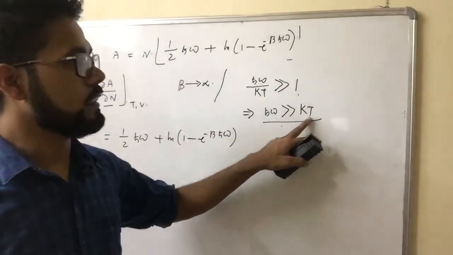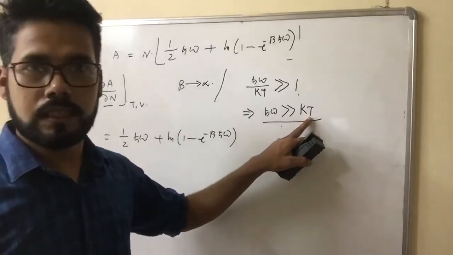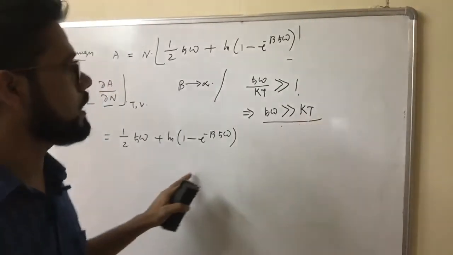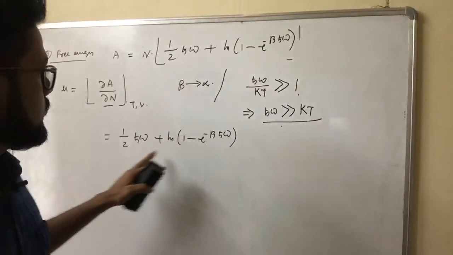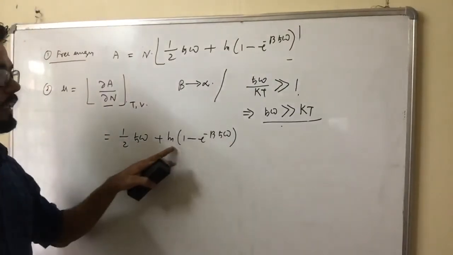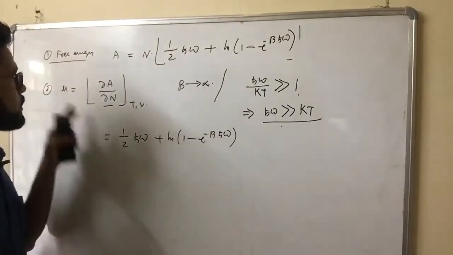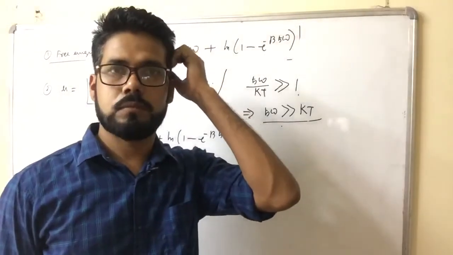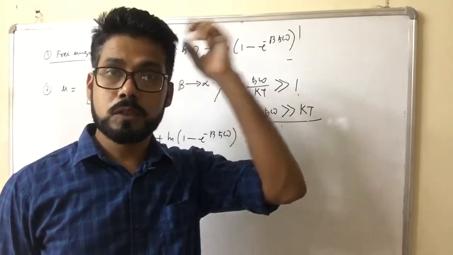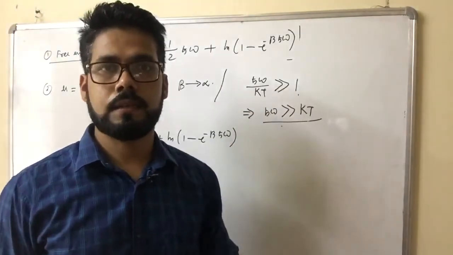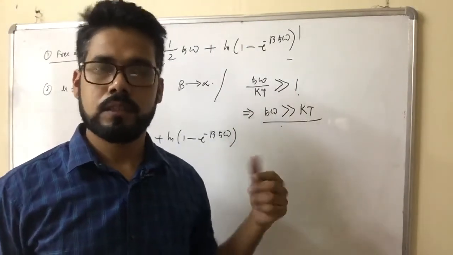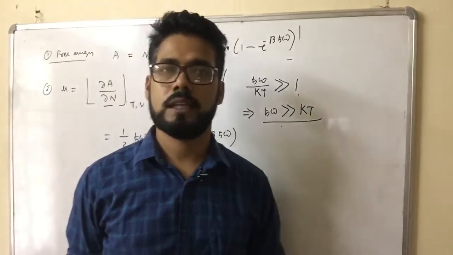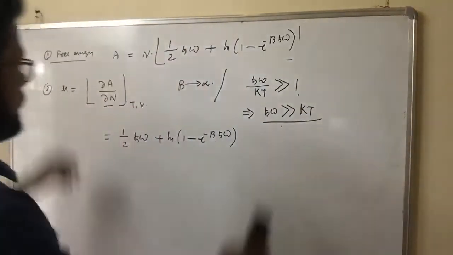When beta tends to infinity, temperature tends to 0. Then this term becomes 0, ln 1 is 0, and the chemical potential equals half h cos omega. The question is, when beta tends to infinity, which of the following is correct? The chemical potential at this condition equals the zero point energy of a harmonic oscillator.